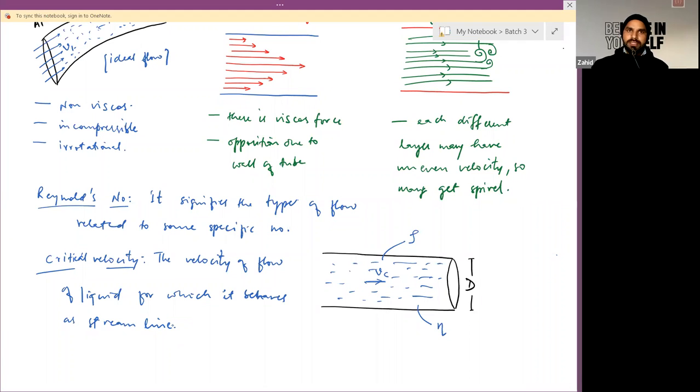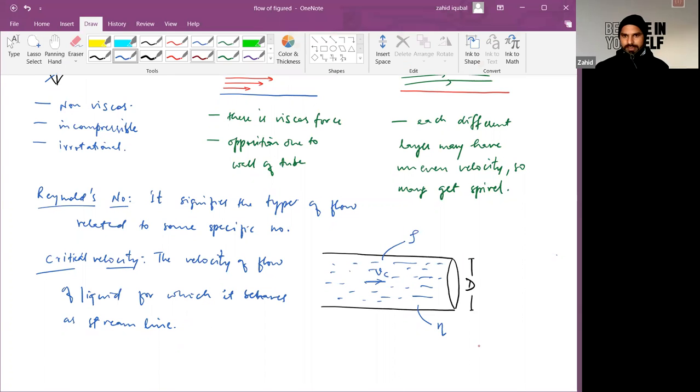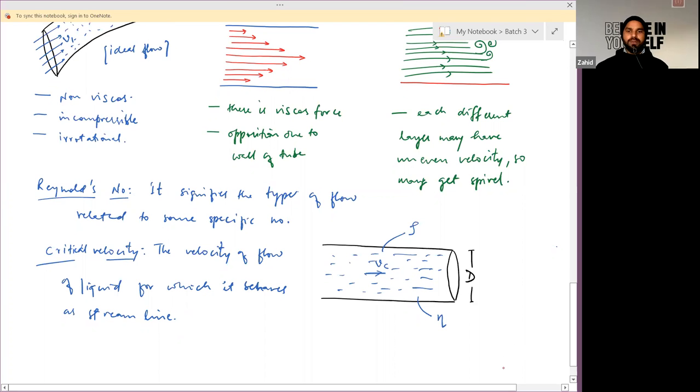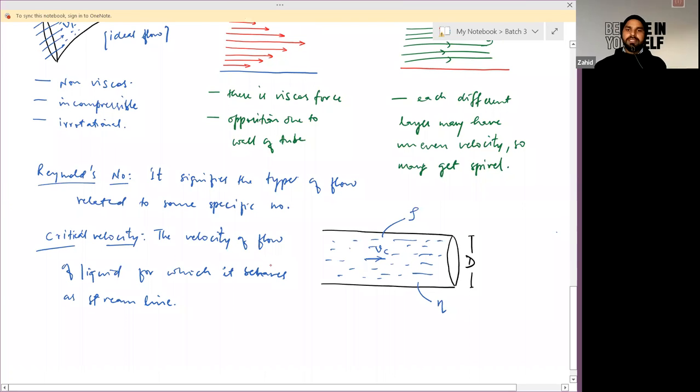Now suppose this critical velocity may depend upon three different factors. First, the density of liquid. Second, the coefficient of viscosity. And third, the diameter of this particular tube.